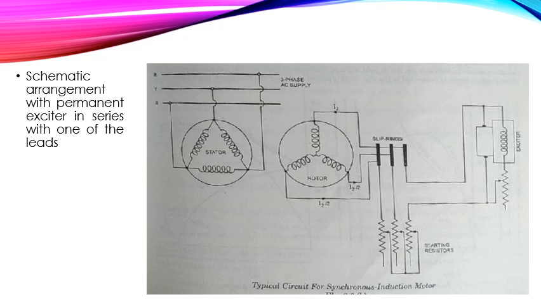Hence the synchronous induction motor is essentially a motor having the induction motor features like high starting torque with low starting current, combined with the synchronous motor features like constant speed and power factor control.